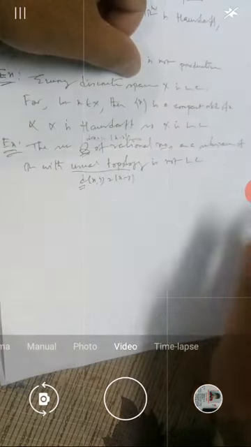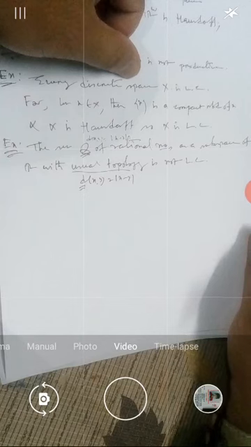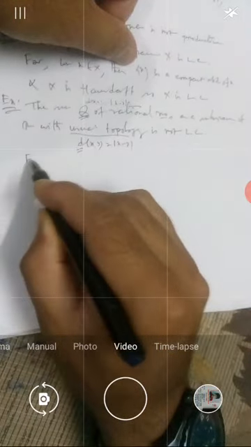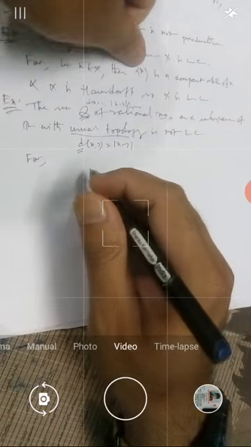Fine. So this set Q of rational numbers as a subspace of R with usual topology is not locally compact. Here also we will see that no point of Q has a compact neighborhood.